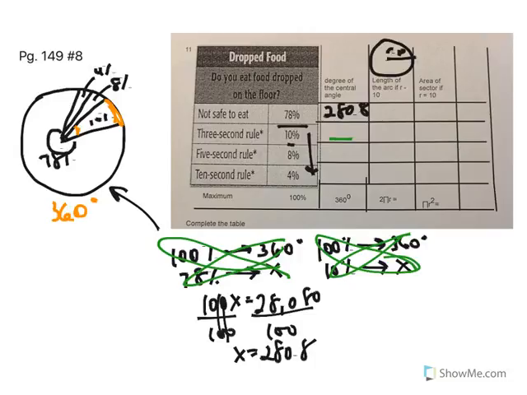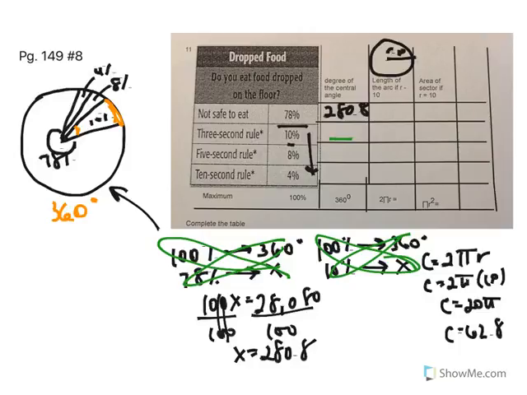So let's find the circumference of a circle where the radius is 10. 2 pi r is the equation for circumference. They tell us that the radius is 10, so I'm going to plug that in. And we get c equals 20 pi. 20 pi gives us 62.8. Okay, so this is going to be 62.8.